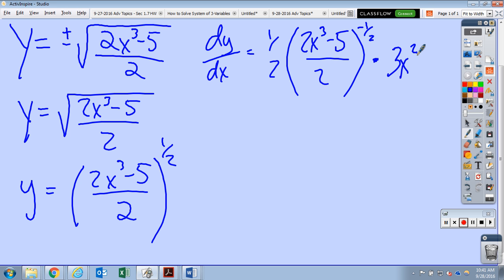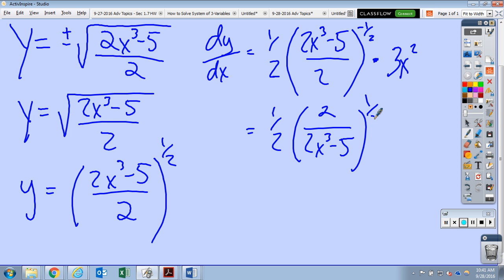So then we would have, I mean, you could write this as then flip it and make it positive 1/2. Yeah, that'd be fine. So you have 1/2 times 2 over 2x cubed minus 5 to the positive 1/2 times 3x squared.